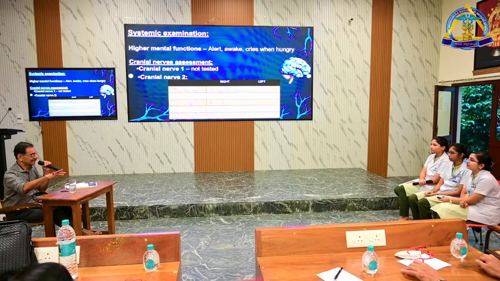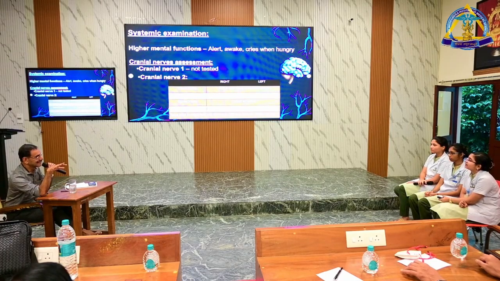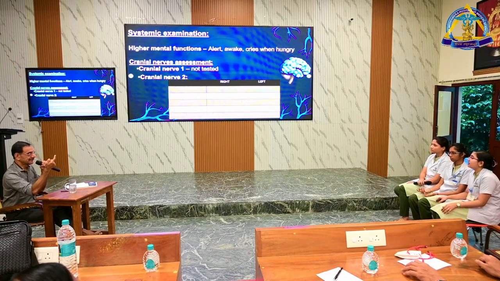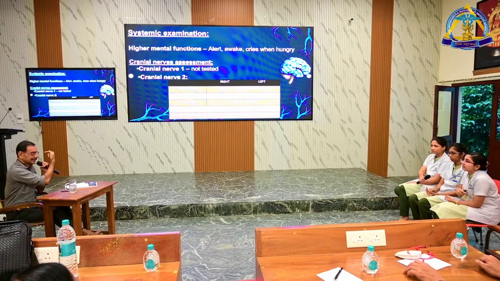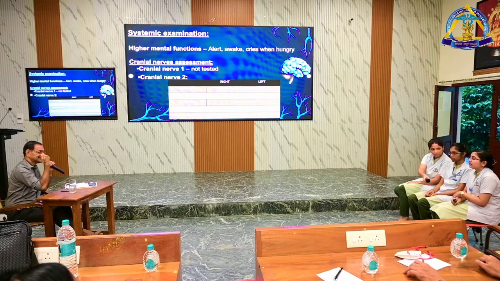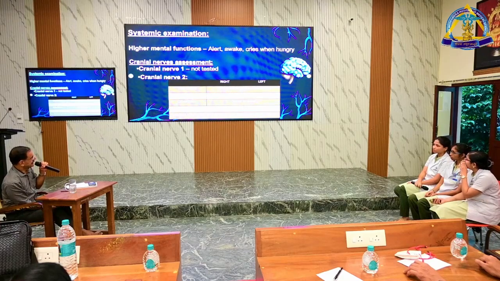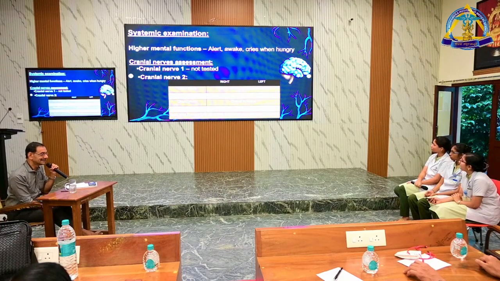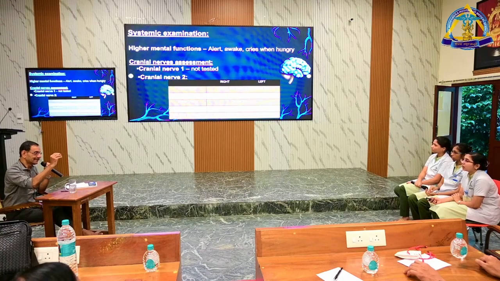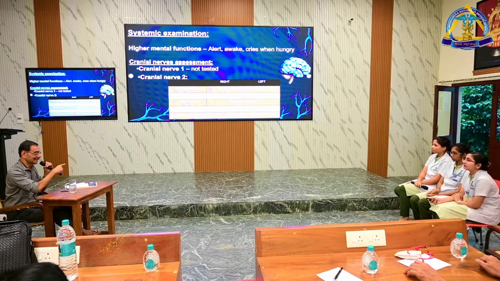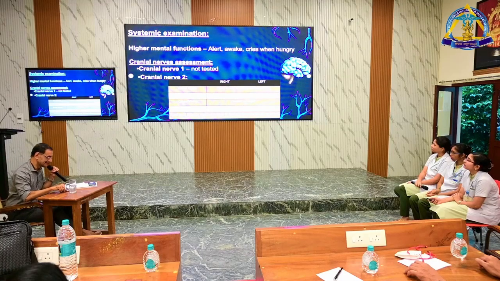Not very important for a UG, but still. Consensual means the opposite side. Suppose you test on the left side, what will happen to the right side? The right side will react normally. Okay, so that is important. Okay. Next.